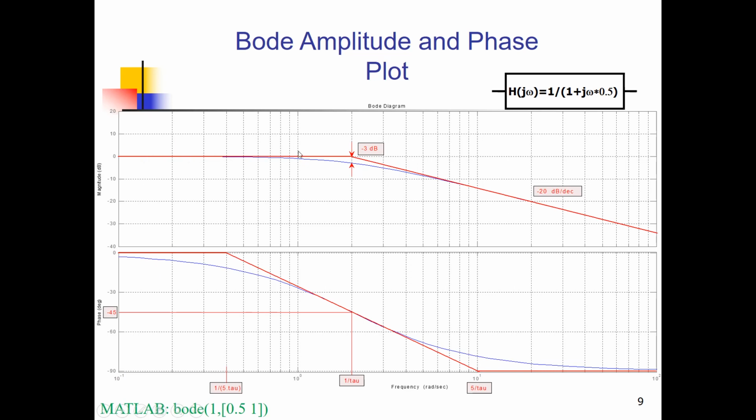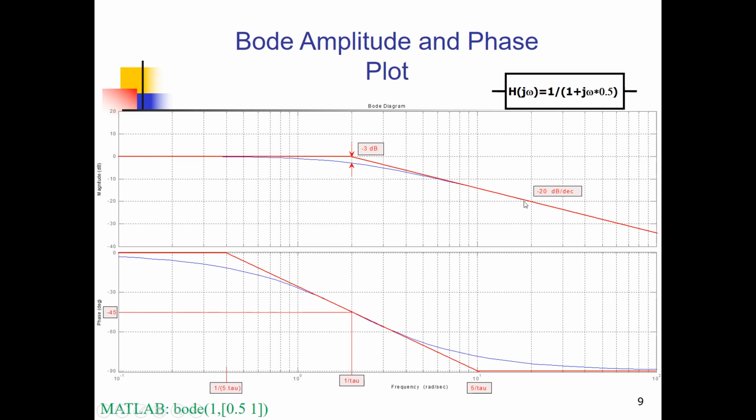And that goes up to the crossover frequency, and from that crossover frequency on, we see that the amplitude drops by 20 dB per decade, which is written over here, which we have seen in the calculation on the previous slide. So the amplitude behavior, the characteristic, is the red one.